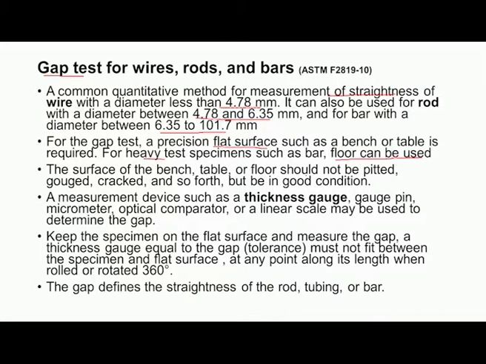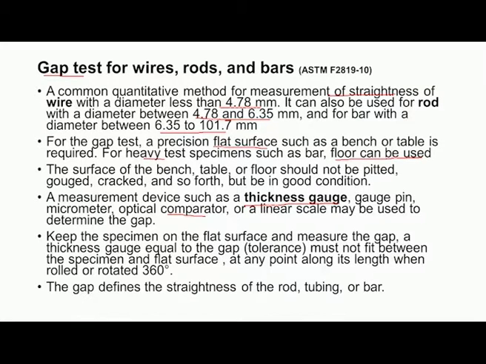There should not be any cracks or pits. The surface should be in a very good, cleaned condition, and we have to use a measurement device such as thickness gauge or gauge pins, micrometers, optical comparators can also be used to measure the gap.